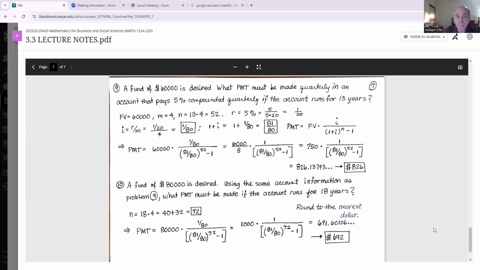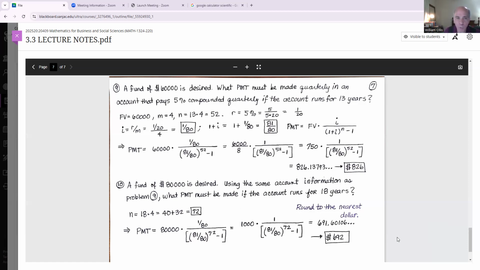Now, one thing that's good about these formulas that I might add is you can also look at these in reverse when we actually solve for the payment. You might think, well, there's a certain amount of money that I would like to be able to have in the future. And I have this much time, and this is what the bank is offering. What are my payments going to be? So let's look at this particular example.